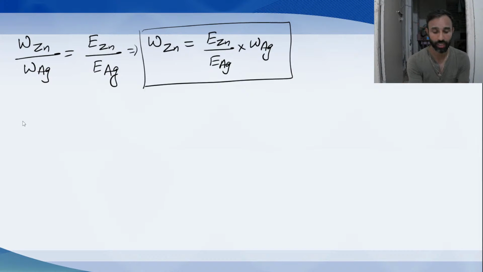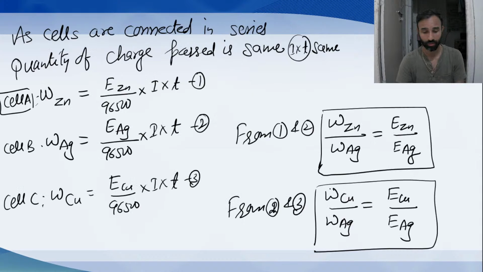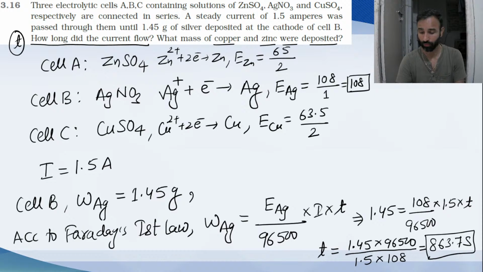So weight of zinc is equal to equivalent weight of zinc, that is 65 over 2, equivalent weight of silver, that is 108, and weight of silver, 1.45.